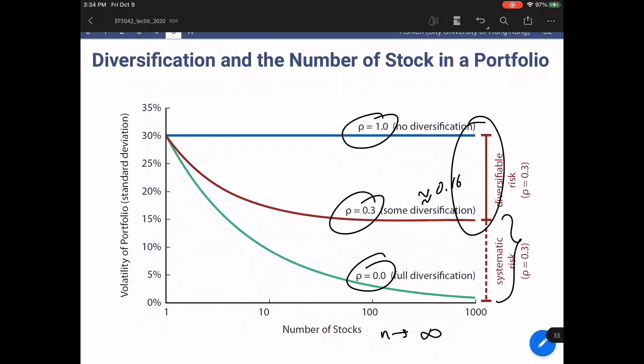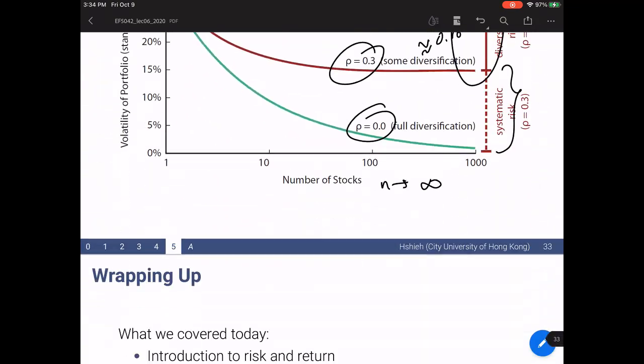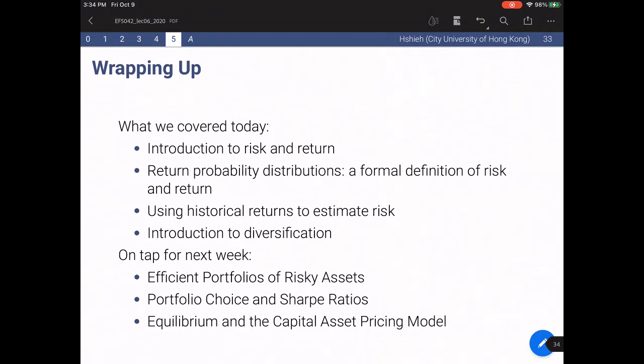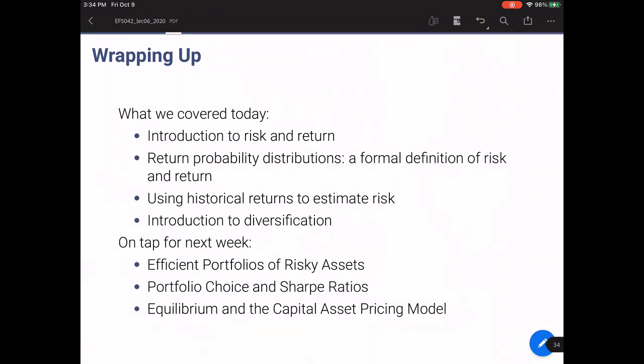All right, so to summarize what we covered today, I introduced to you the concept of risk and return, and we started building a mathematical model to represent risk through variance and also return of an asset through mean return.